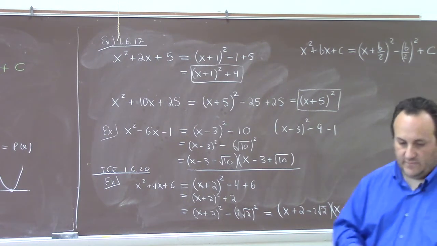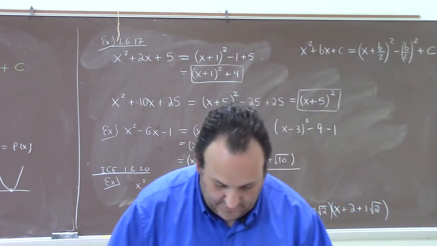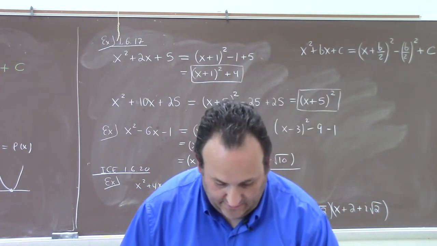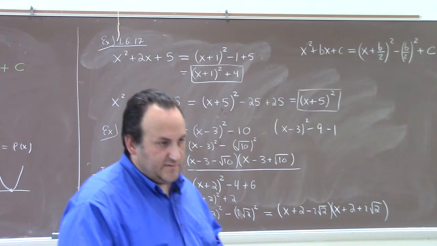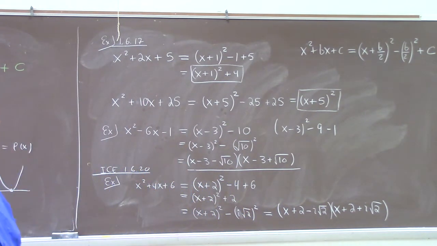If you turn the page here to page 44, I point out that this completing the square business straight away leads to the quadratic formula.